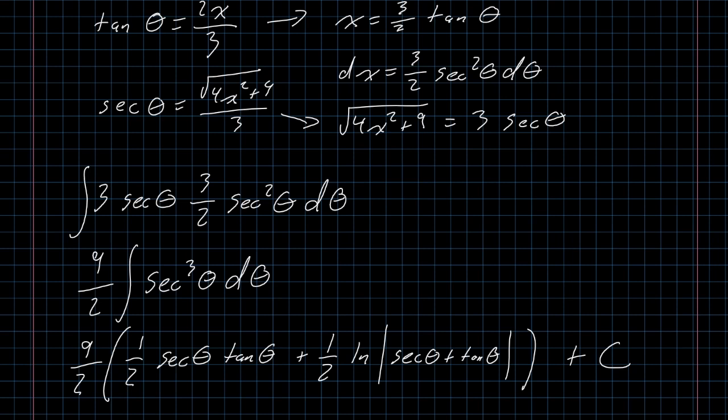In this particular case, we ended up with secant and tangent. We already know that secant is the square root of 4x squared plus 9 all over 3, and we already know that tangent is 2x over 3.